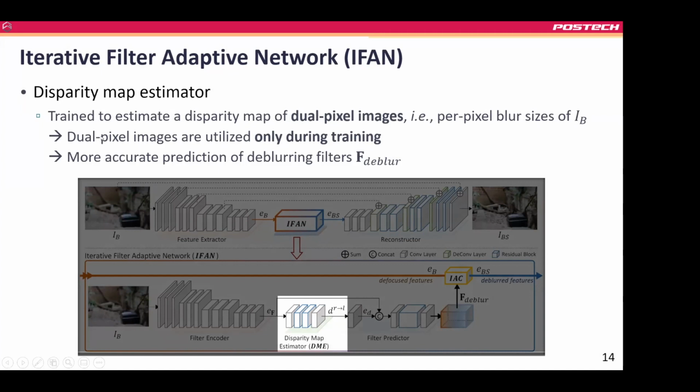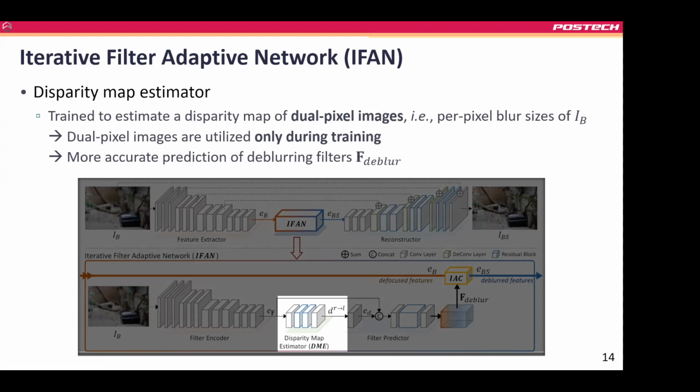One is the disparity map estimator. At the beginning, I mentioned that the defocus blur size depends on the depth or distance from the camera. Also we know that the depth from the camera is related to disparity in the case of stereo images, right? But our dataset contains dual pixel images. That means we have left and right stereo images, right?